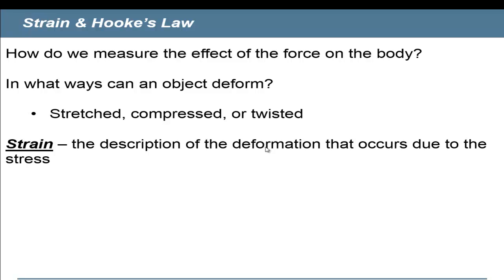So stress is the cause of the deformation. Strain is the description of the deformation. Sort of like force is the cause of acceleration, and then we have equations, the kinematic equations to describe our motion, right? So it's sort of like the stress is the cause and the strain is the effect.